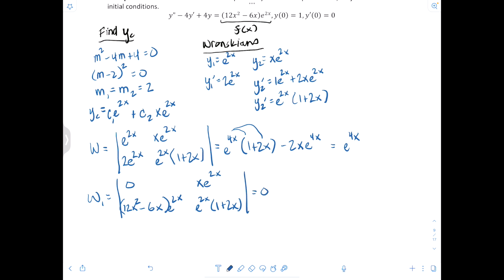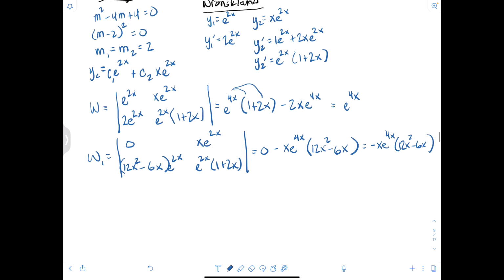That's going to be 0 minus xe to the 4x times 12x squared minus 6x, which of course is just negative xe to the 4x times 12x squared minus 6x.